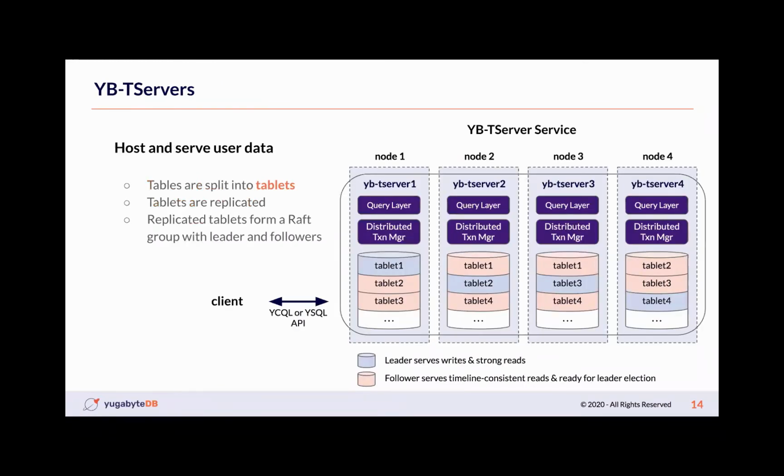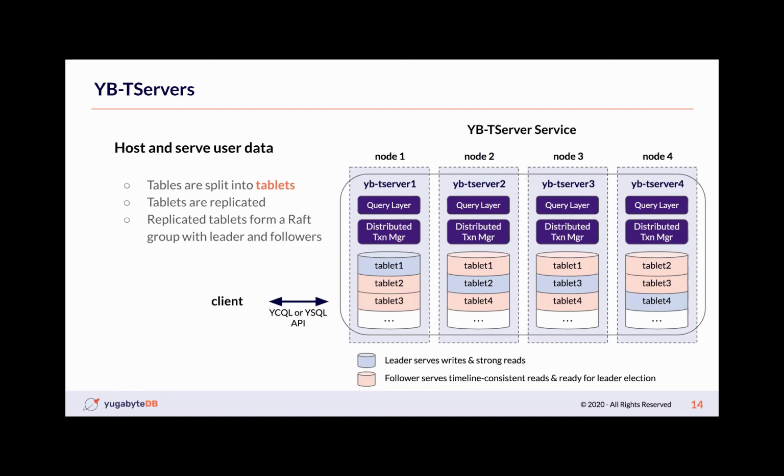On the T-servers, what you note is that every node that has the T-server internally contains a query layer, a distributed transaction manager, and all of the tablets that belong to the various tables. The tables themselves are split into tablets. The tablets are replicated. Each node has what is called a tablet peer, or a copy of the tablet.